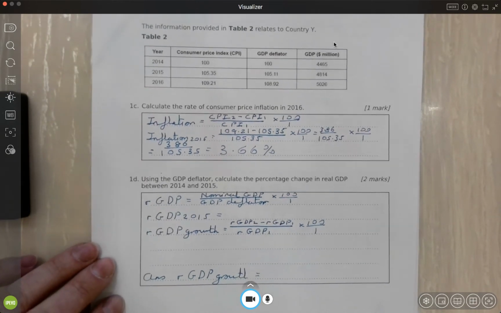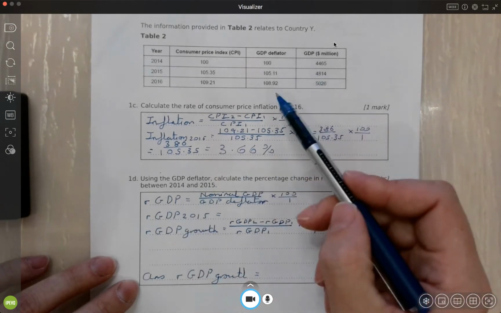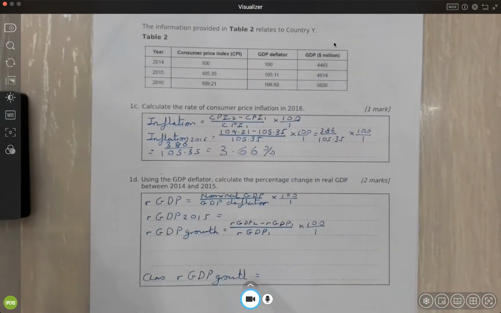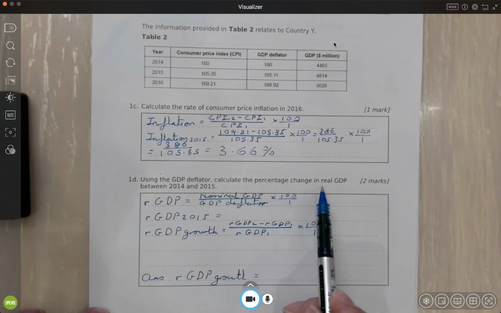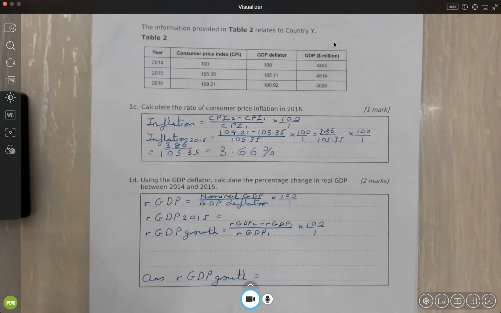Okay, now the next question here says, using the GDP deflator this time, which is another way to calculate the rate of inflation, calculate the percentage change in real GDP. So what we have to do, we have to calculate real GDP in the 2 years, and it says between 2014 and 2015.